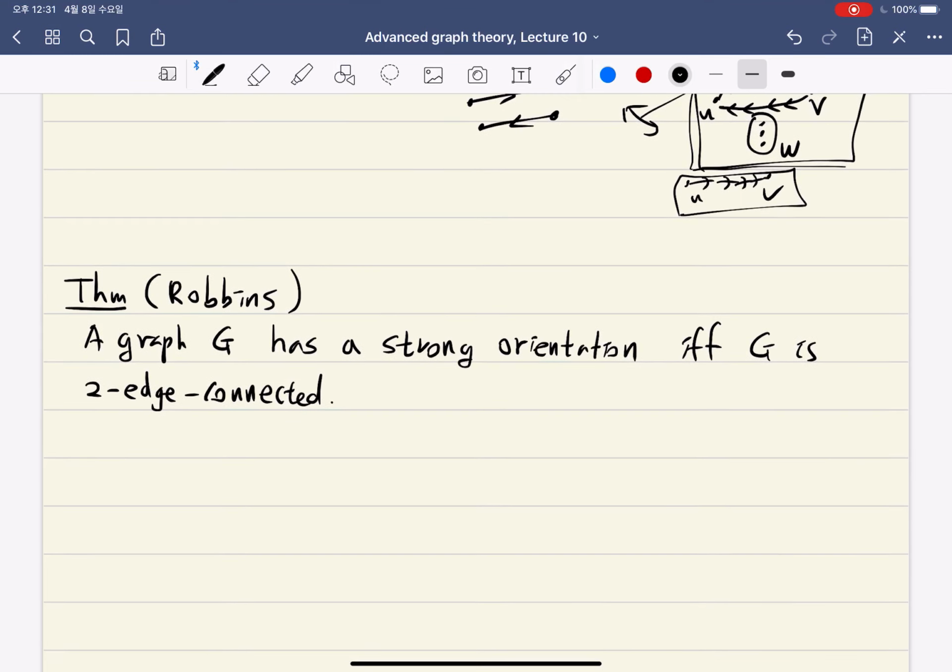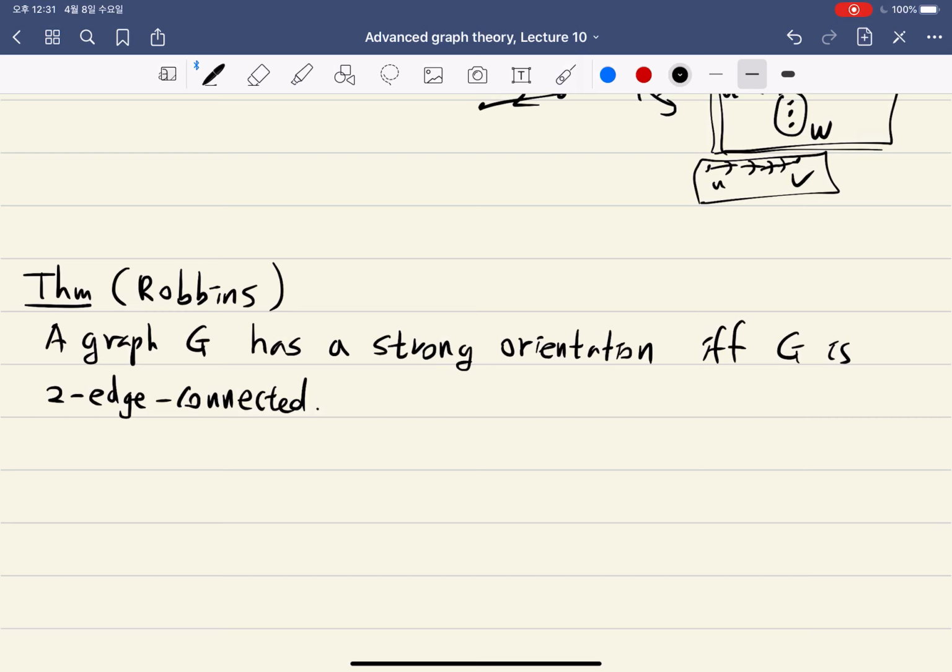In particular, in undergraduate graph theory, we learned Robbins' theorem. We learned that a graph G has a strong orientation, which means that you can orient the edges so that the resulting oriented graph is strongly connected, if and only if G is two-edge connected.